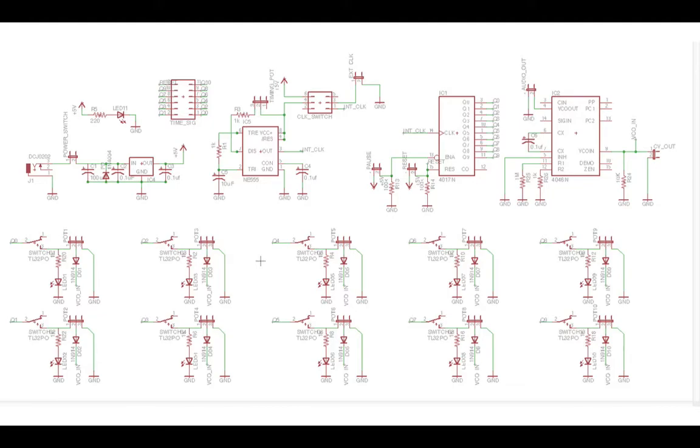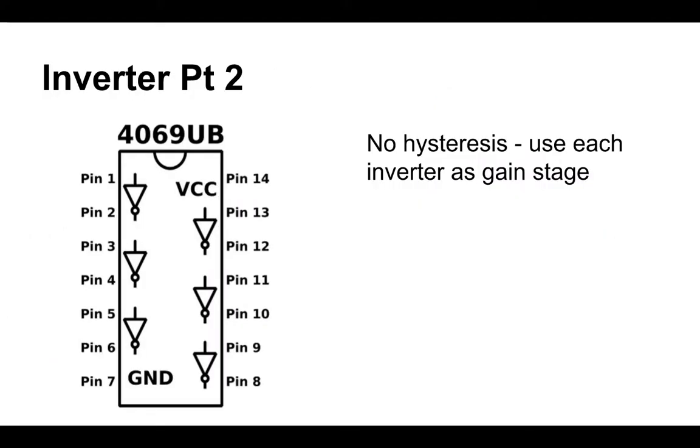All right. Let's see. Before we start Eagle, there's one more chip that I really like. This was the first fuzz pedal I ever made, and this is the 4069. Also an inverter, but because there's no hysteresis, you're not going to get those nice square waves on the output.